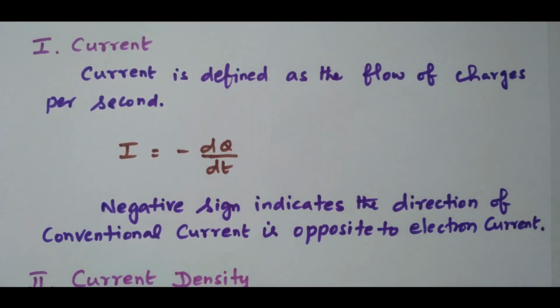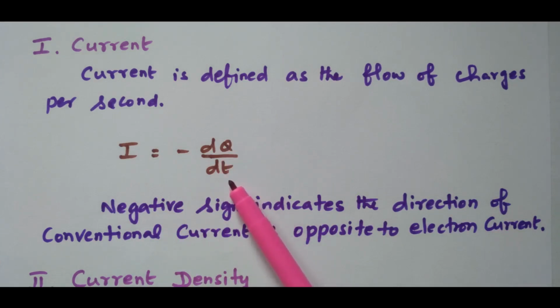Welcome viewers. In this video, we'll see the definition of current and current density. First, the current. Current is defined as the flow of charges per second, that is I equal to minus dq by dt, the rate of flow of charge per unit second.